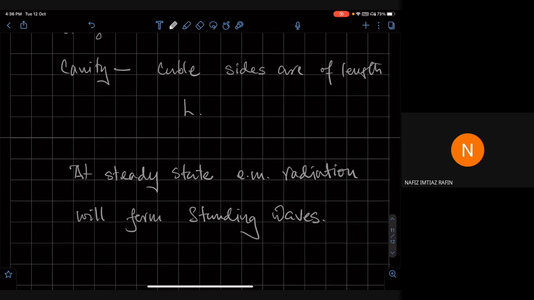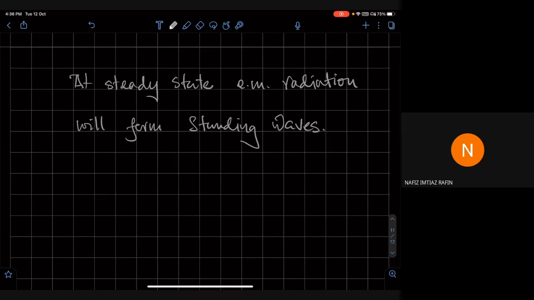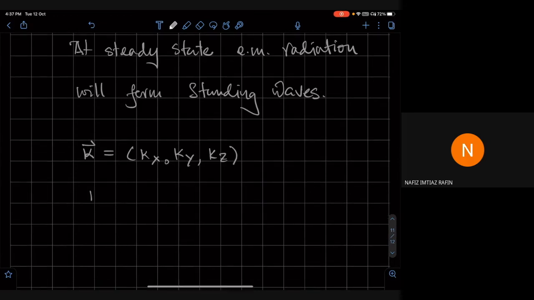Okay. So what we do is that we take the propagation vector k, and k has 3 components, kx, ky, kz, and k is related to the wavelength by 2 pi over lambda.